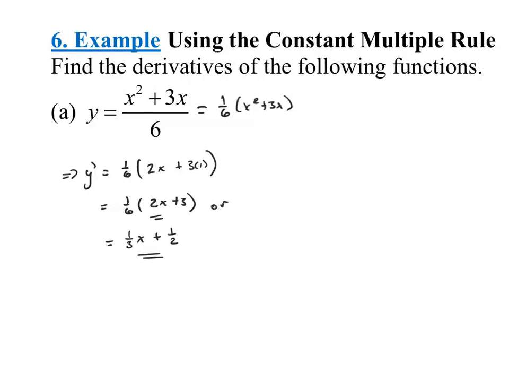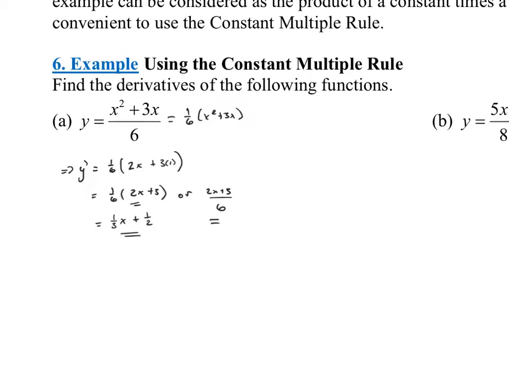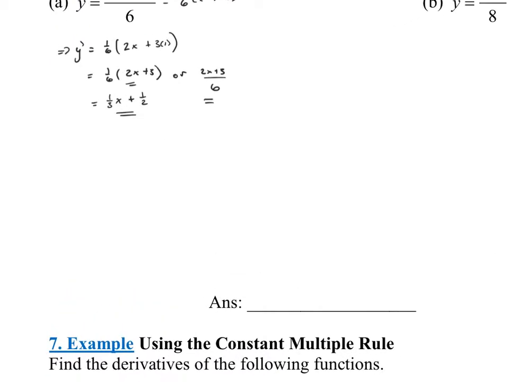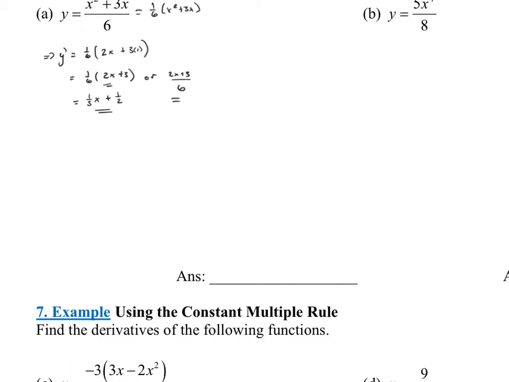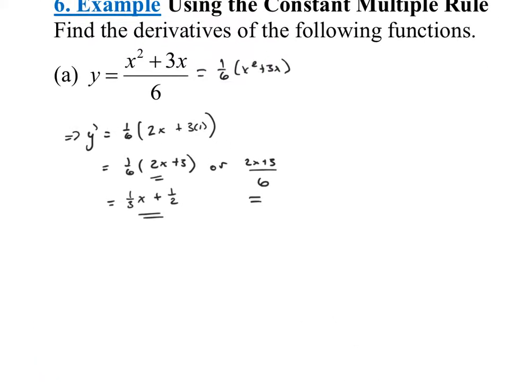Or you see them write it in the book as 2x plus 3 all over 6. I don't care which one of those three versions you do it as, it's perfectly fine by me. I'll go ahead and do the 1/3 x plus 1/2. I don't know why. It's just because that's how I saw it personally. Any of those three answers I would have given full credit on the test. But notice we didn't have to do low d high minus high d low over what's below squared. There was no reason to do the quotient rule on that problem.